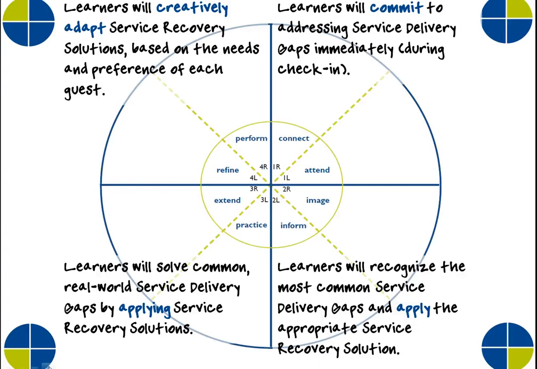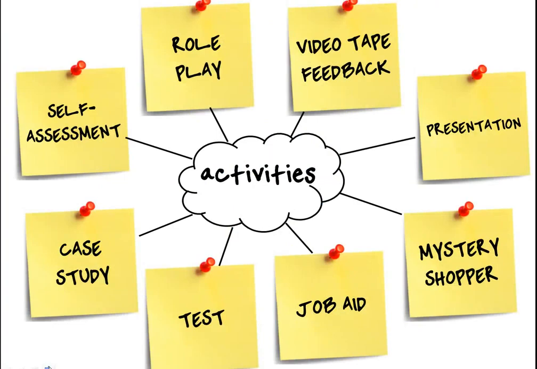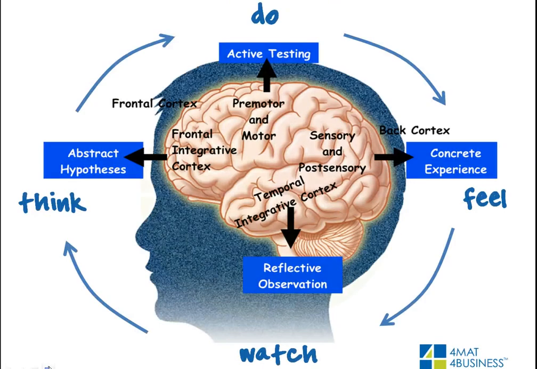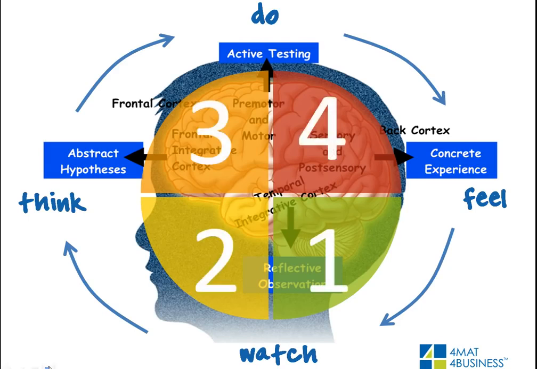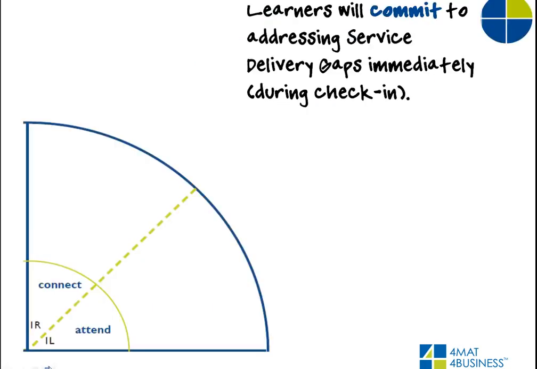And then we begin to look at, once we have those clear outcomes, what activities fit into the design that will both appeal to the learner styles that we're attempting to engage, but more importantly, how do they fit within the flow of what has to happen in the learning cycle. We do that by looking at each part of the cycle and the outcome that we're trying to address.